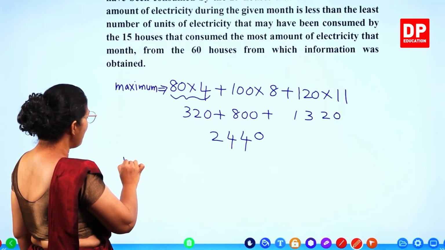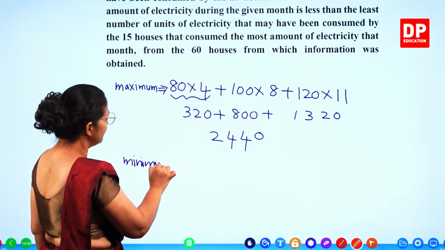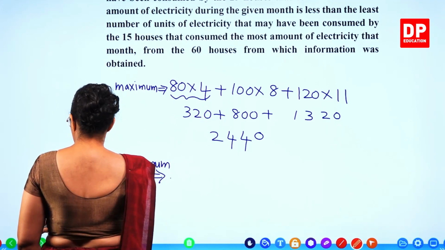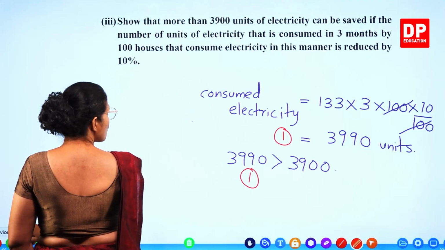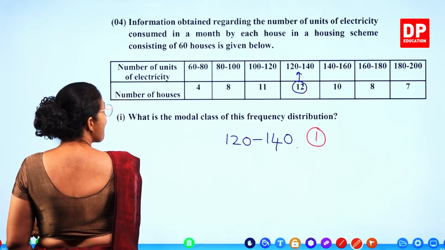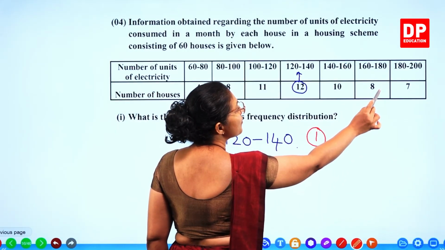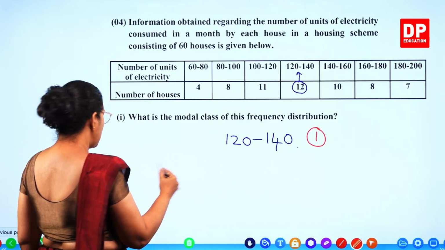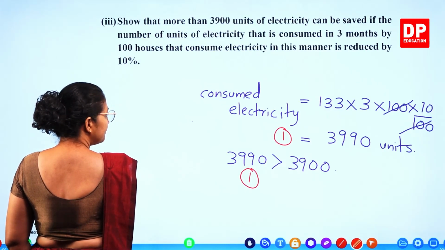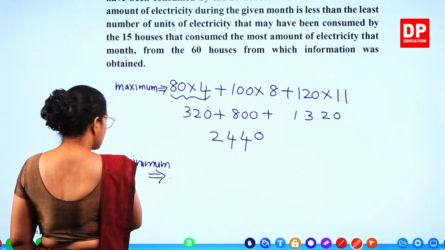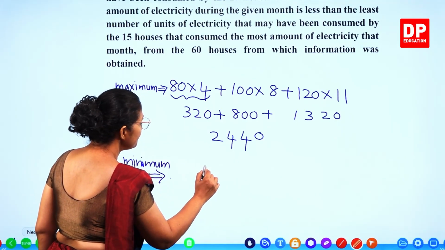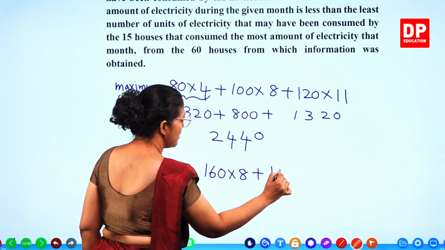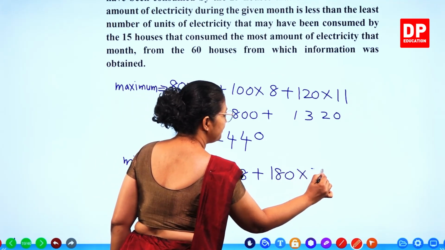And let's find the minimum number of units. So for 15 houses, let's take the 15 houses, last two columns. This one, 8 and 7, this is the least amount, 160 with 8 and 180 with 7.